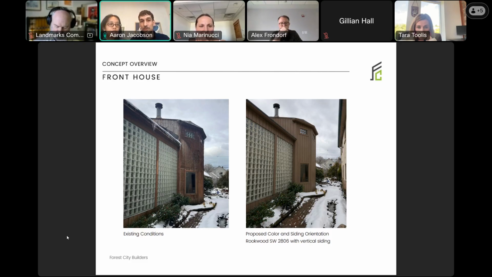When we've imagined putting horizontal siding, butting against these glass block bays, I think it introduces even more visual clutter with all of the geometry that already exists. So we have thought about it. I think that the simple vertical profiles help to frame the kind of geometry and rhythm that already exists there.